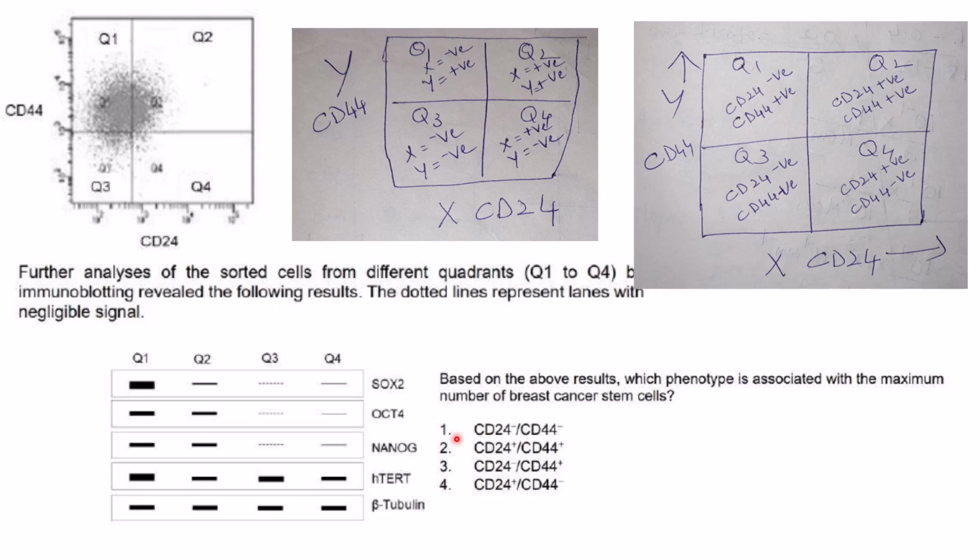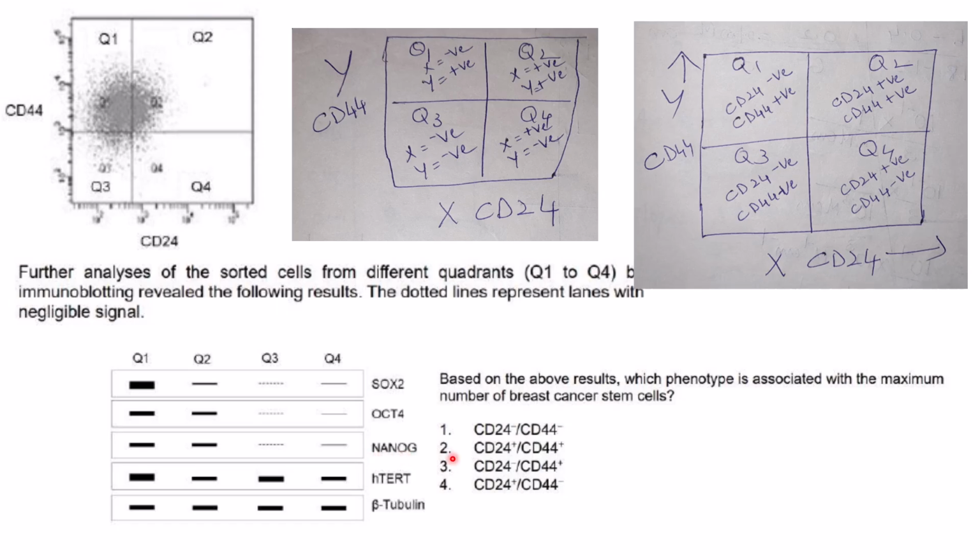Now before coming to that, SOX2, OCT4, NANOG, all these are transcription factors, and in embryonic cells they are essential for maintaining pluripotency. But these transcription factors are also found in the cancer cells, and they promote stem cell properties in the cancer cell, and it is responsible for tumor aggressiveness.